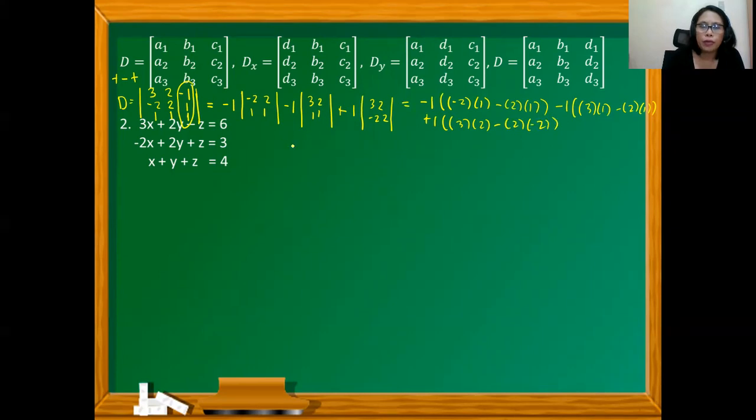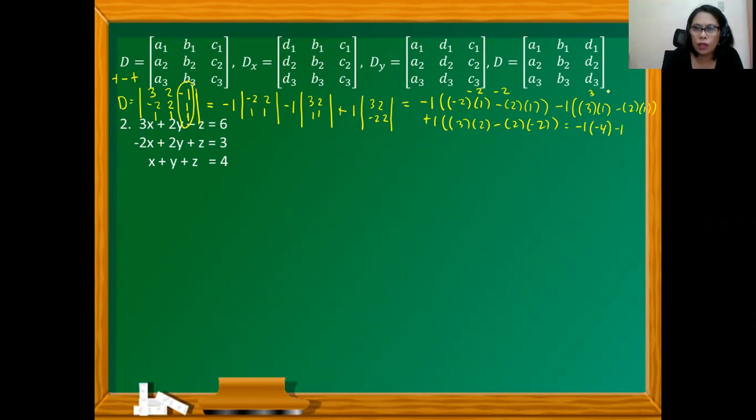Okay, so this is now equal to, so this is negative 2 minus 2. So this is negative 1 times negative 4. And then this is negative 1.